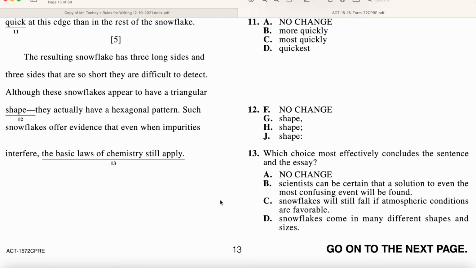They look like a triangle. Well, most of the time it's a hexagon, right? But then they have these triangular snowflakes, or what appear to be triangular snowflakes. And what's the deal with those? Do you recall that from the passage?